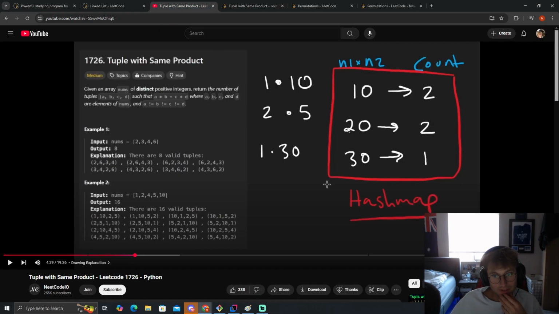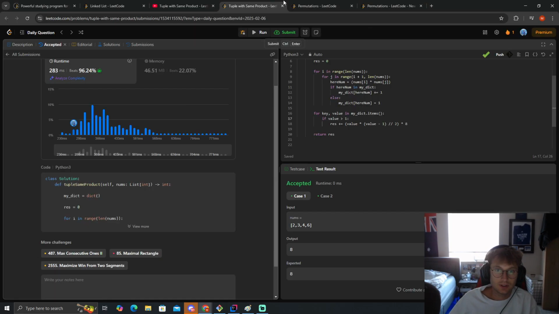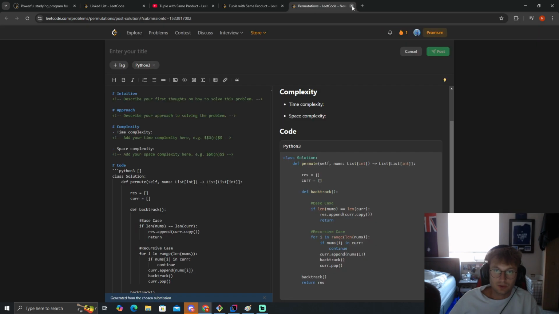As soon as you started talking about the hash map here and we were counting these values, I was like, you know what, it's just this value times that, and that's the answer. But, you know, I'm not too sure. Interesting problem for sure.